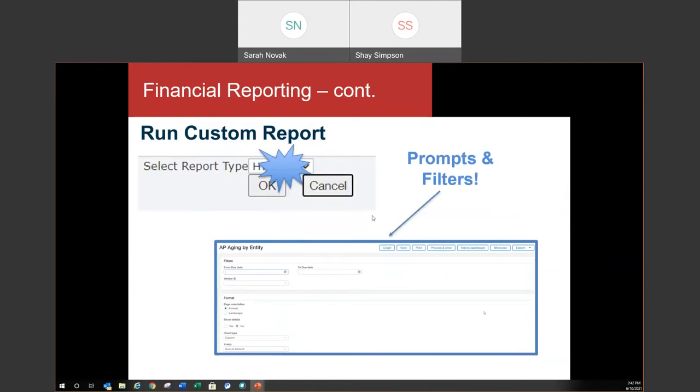Well, now you can. When you run a custom report from that custom report list, you are now going to see your prompts and your filters, just as if you were going into a particular module and running a custom report from that module itself. So this is a big one for me.